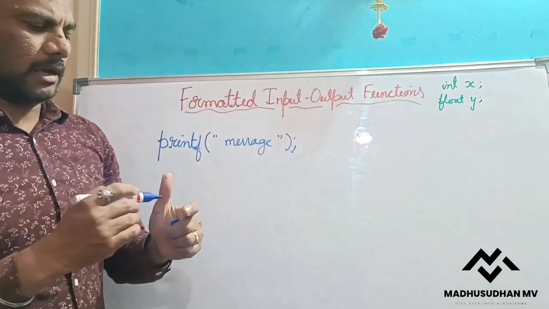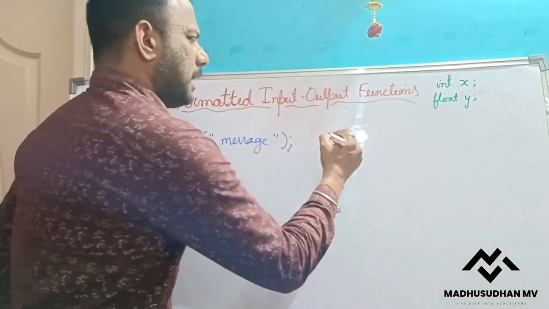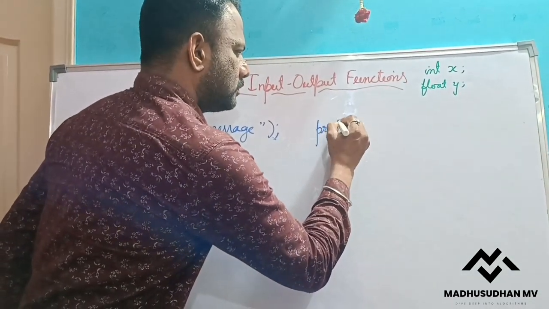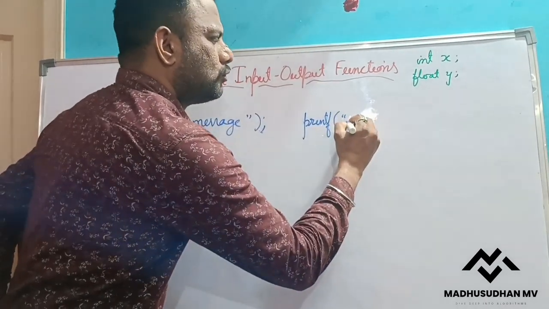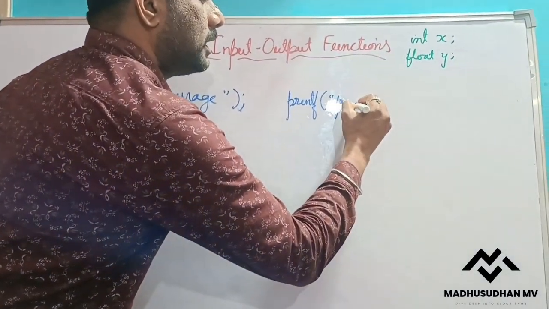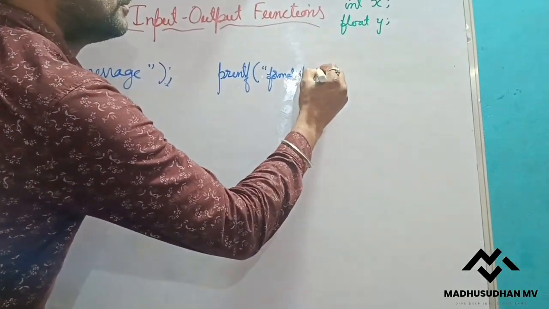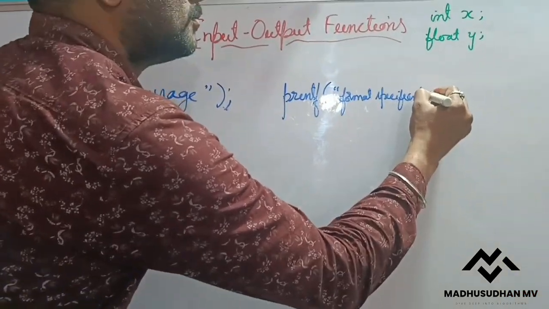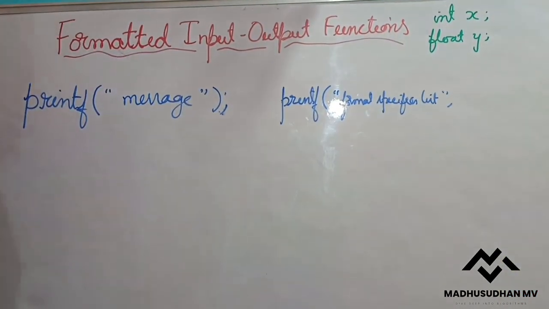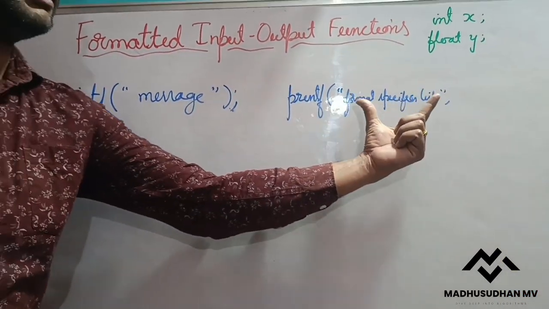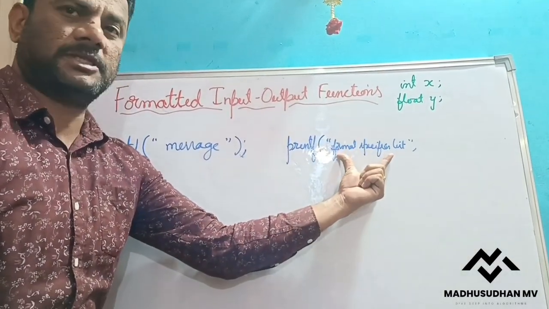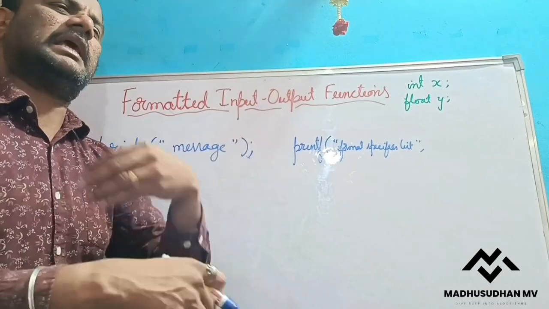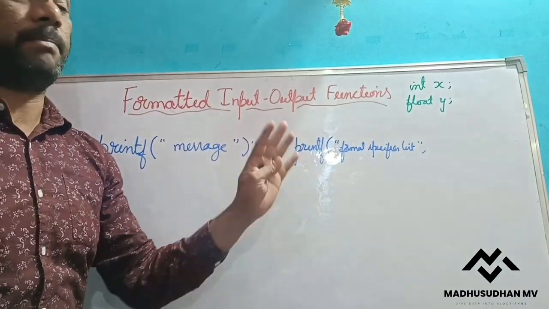But to print the value of a variable, again use printf. Again, within the double quotes you have to write the format specifier list. Within the double quotes in printf, you can use the format specifier list with any text or any character, whatever you want.